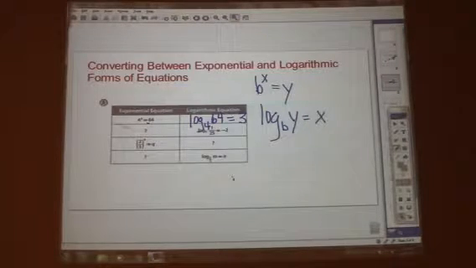Let's try again. What's my subscript right here? 5. The 5 becomes the base. The x on the other side becomes the exponent.